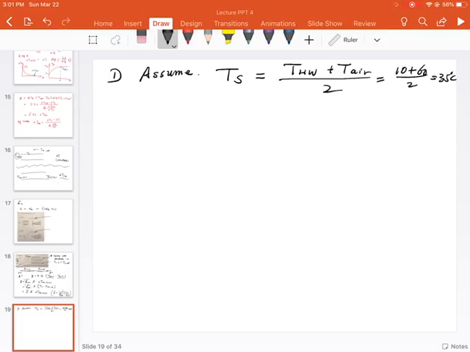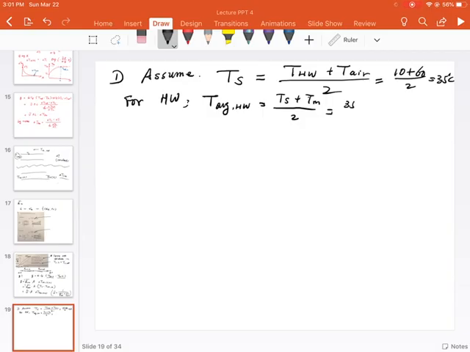And then for internal flow, for the hot water side, the average temperature of the hot water is the average between the surface temperature and the mean temperature of the water, that is 60 and 35, that would be 47C. That is equal to 320K.